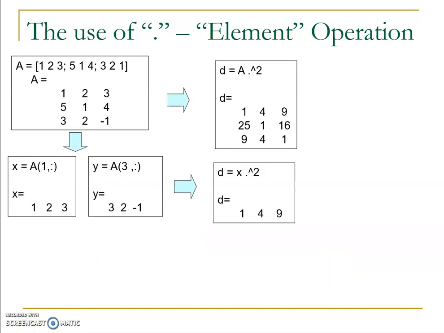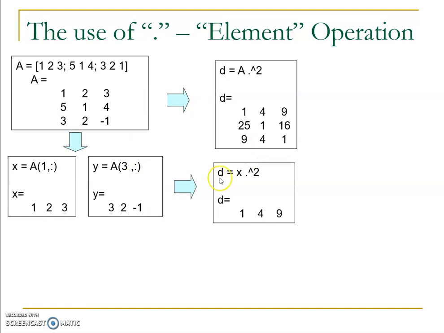Now let's consider the element to element operation for power. Here we have, let's say, the same matrix A, x and y. Now if I say D is equal to A dot power 2, I am squaring all the elements in A, which says 1 square is 1, 2 square is 4, 3 square is 9, 4 square is 16, 5 square is 25 and so on.